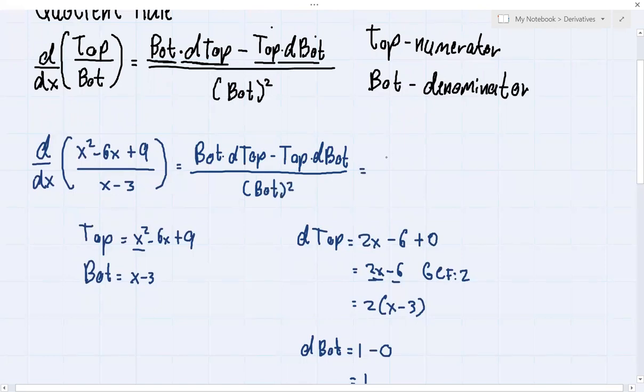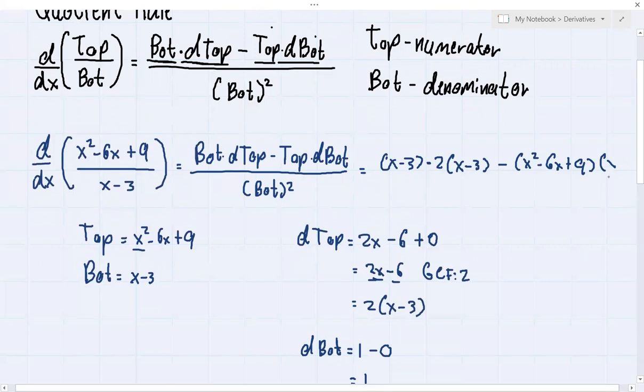Now let's substitute. See, bottom we have x minus 3 times the derivative of the top, which is 2 times quantity x minus 3. Ayan. Minus si top, which is x squared minus 6x plus 9 times the derivative of the bottom, which is si, mali pala ako.